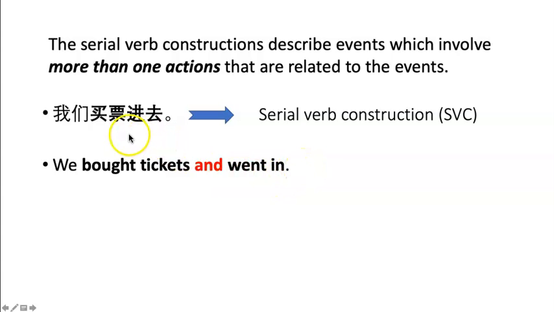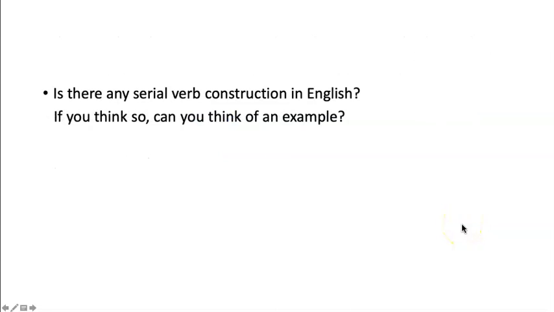However, in Mandarin Chinese, no conjunction is needed in the serial verb construction. 买票进去 is completely grammatical, but in English, a conjunction and has to be added. The question now is, is there any serial verb construction in English? If you think so, can you think of an example?